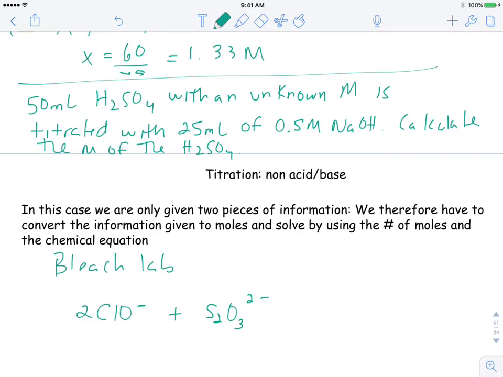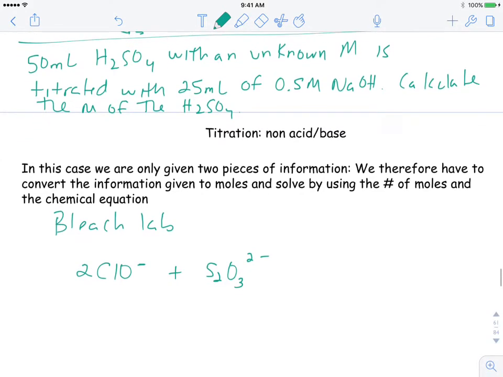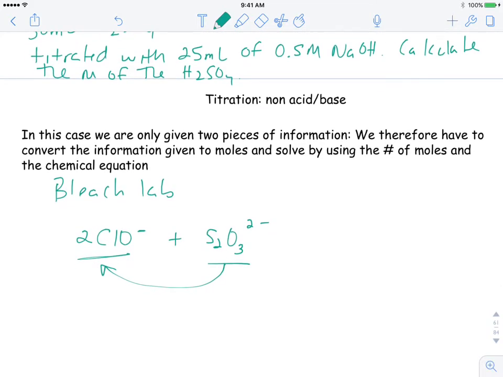To do this, you really weren't using MAVA. You were doing straight up stoichiometry. You were finding the moles of one of them, in this case the S2O3, and then using that to find the moles of the hypochlorite.